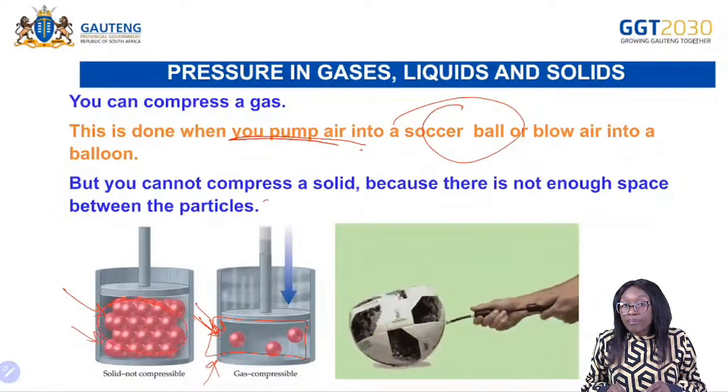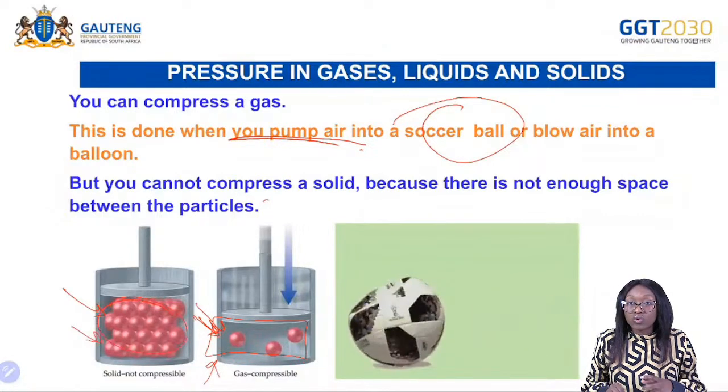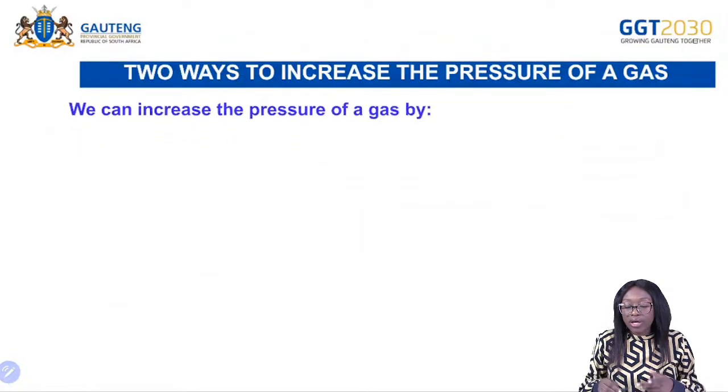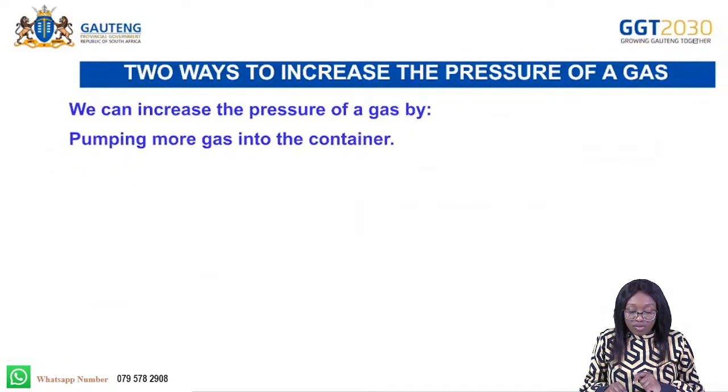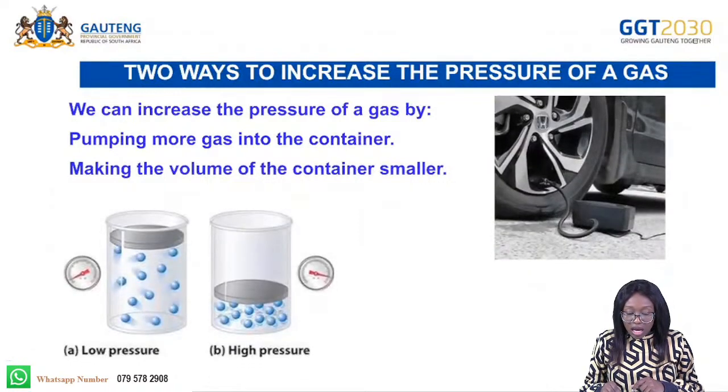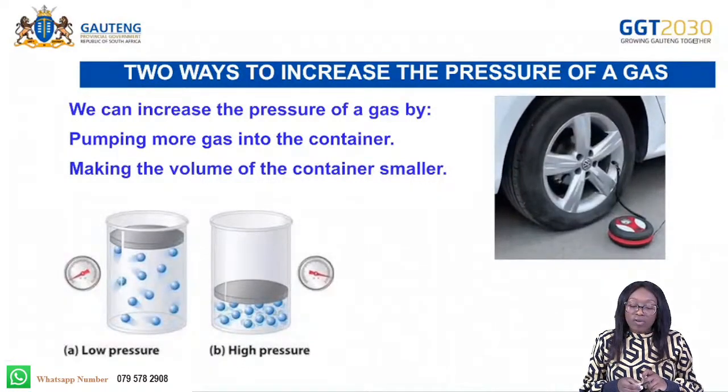So remember, pressure of a gas, we are counting the number of collisions with the side of the container. So how can we increase the pressure of a gas? We pump more gas into a container. We add more gas particles, thereby increasing the number of collisions. We can reduce the volume of the container, also increasing the number of collisions.